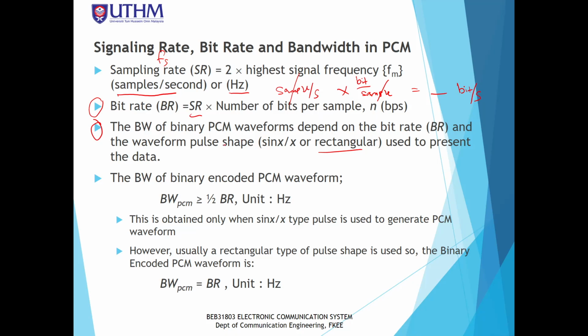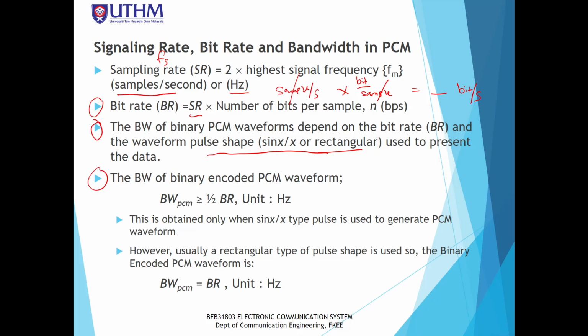Okay, so this pulse shape is the pulse that we use during the sampling process. Either it is a sinc function or rectangular function. Okay, and the bandwidth here consists of two types of bandwidth that we can calculate actually.